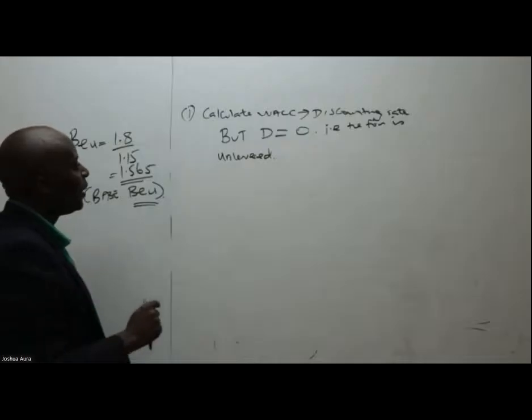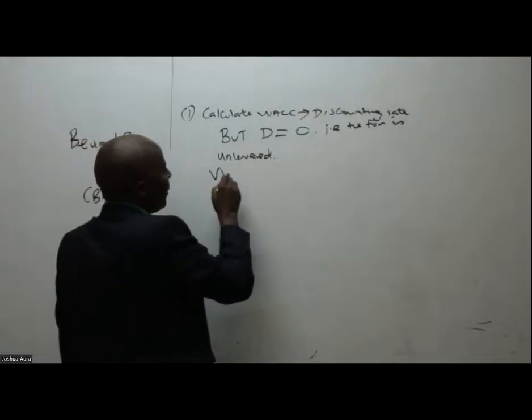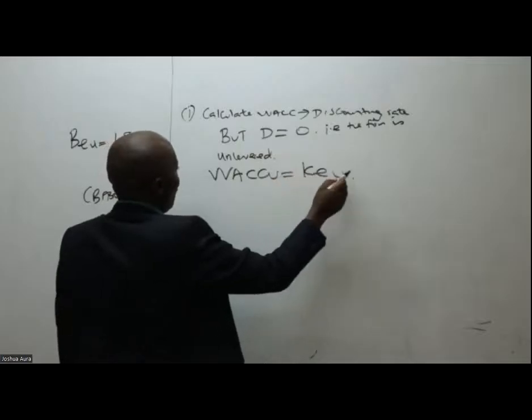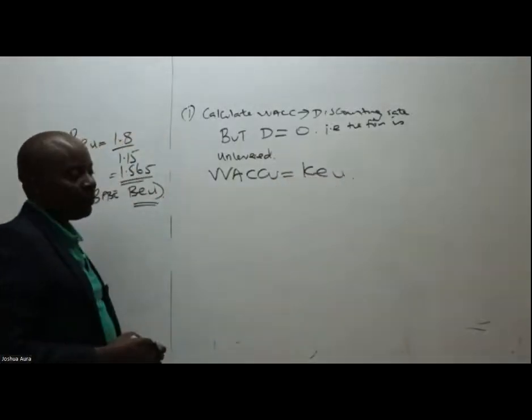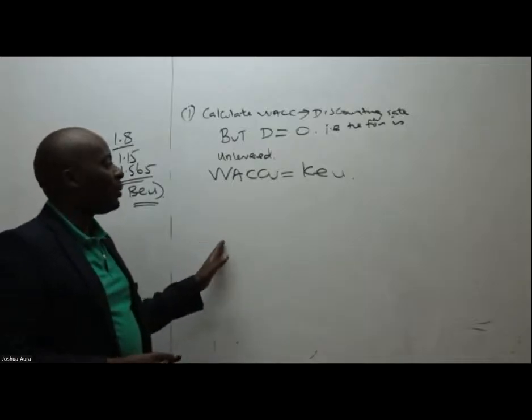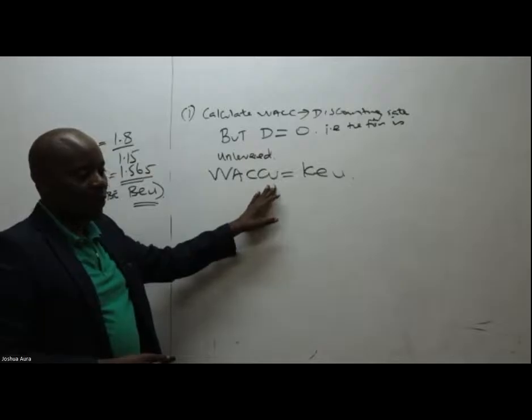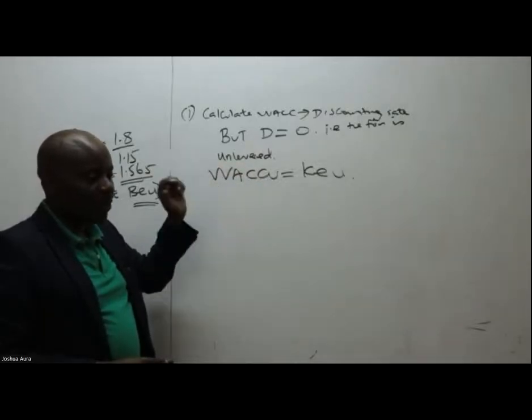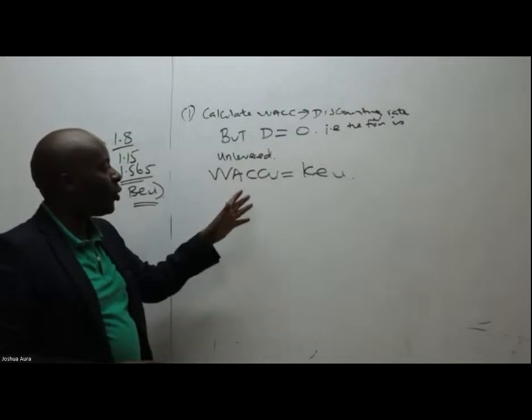So if it's unlevered, remember in this case, ladies and gentlemen, what we used to call WACC-U equals Ke-U. Very, very important. If it's unlevered, then the weighted average cost of capital of an unlevered firm will always be equal to the cost of equity of an unlevered firm. Some students sometime back told me WACC-U equals Ke.